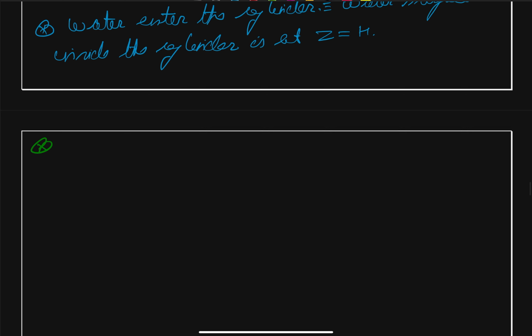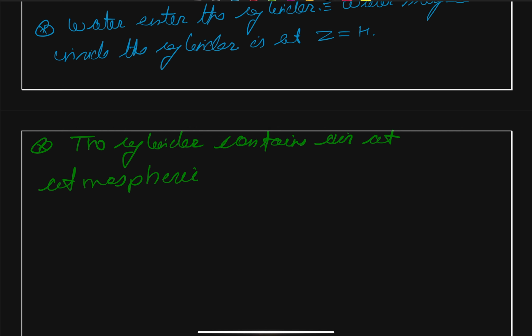So you can say that the cylinder contains air at atmospheric pressure, and atmospheric pressure is about P naught.